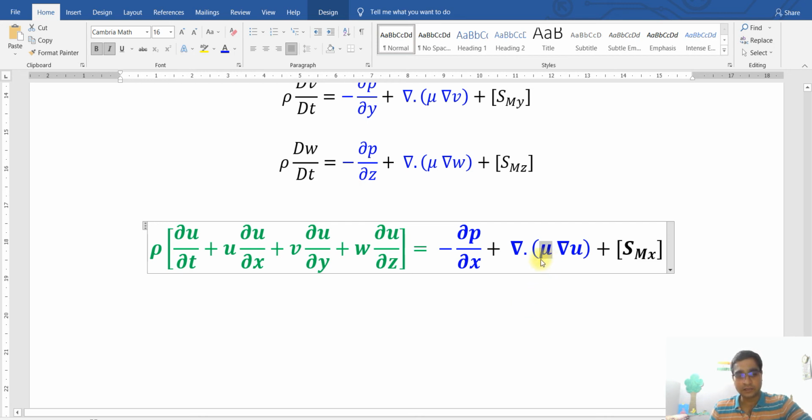The exact value of mu for air is, I think, 1.7894 times 10 to the power minus 5, and for water this mu is 10 to the power minus 3.